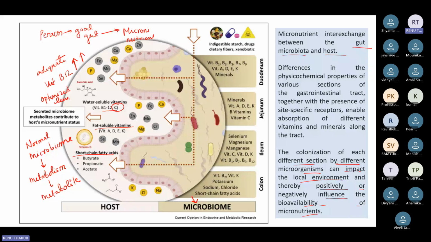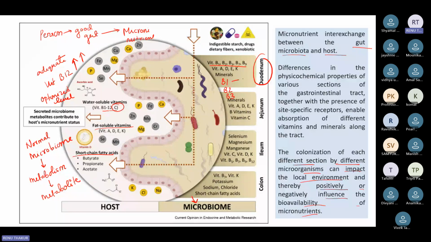So the microorganisms residing in the duodenum will have to synthesize what they are designated to. They only have to synthesize this one, and the jejunum has to synthesize A, D, E, K, B vitamins, vitamin C, and the quantity is also decided. How is quantity decided? Suppose this is the duodenum, so it will have bacteria B1, B2, B3.